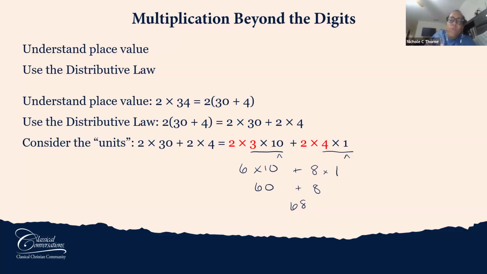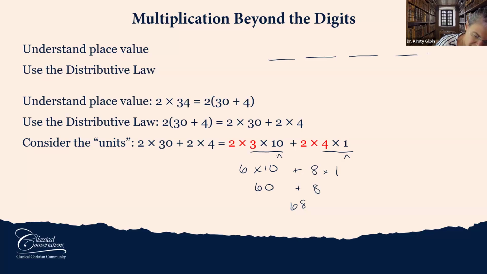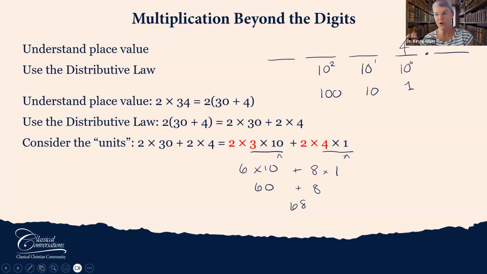Why did you choose 4 times 1 instead of just saying 4 is the unit? Well, because in my place value, going back to place value, remember this would be my 0th power, which is 1. This is my first power, which is 10. My second power, which is 100. So when I have 4 here, it's really 4 ones.